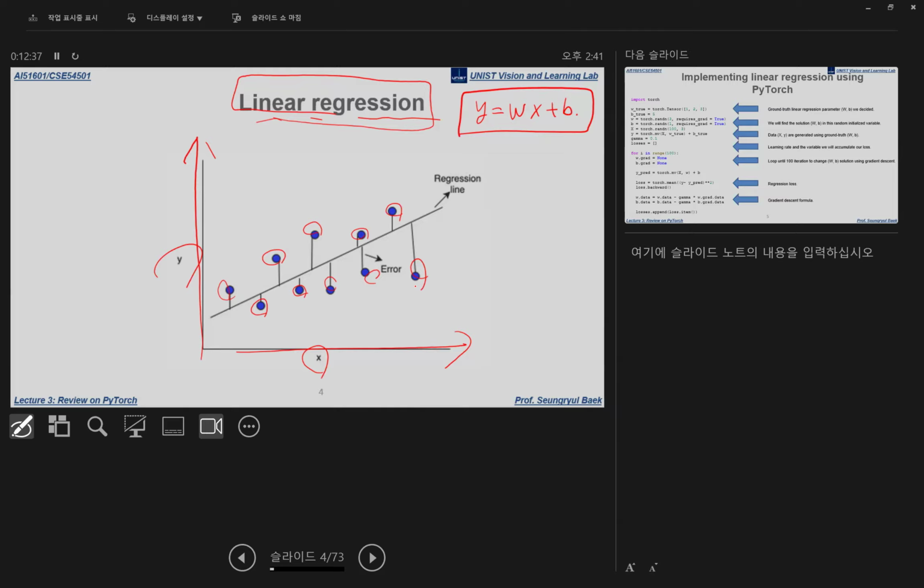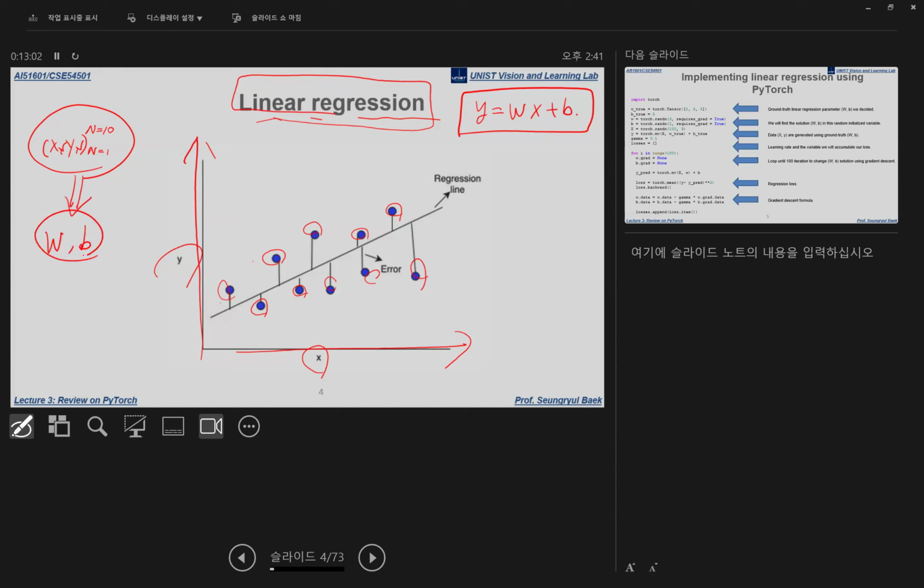During the training stage, we are given n equal to 1 to 10, so 10 data pairs, the x and y pairs, and we want to learn w and b.